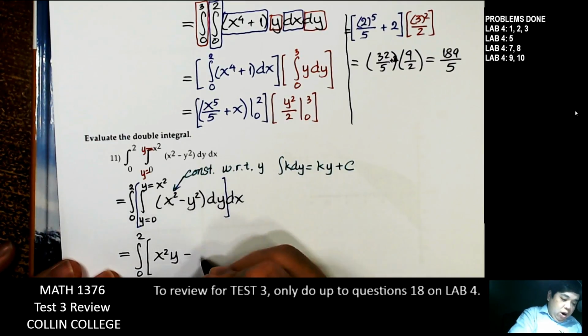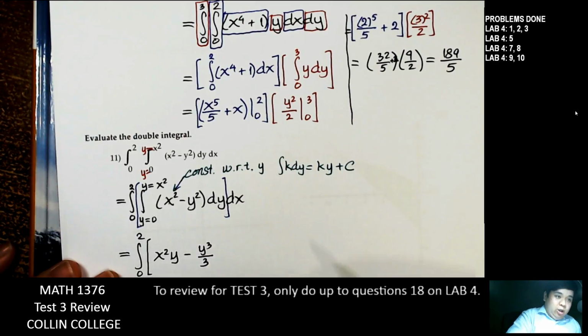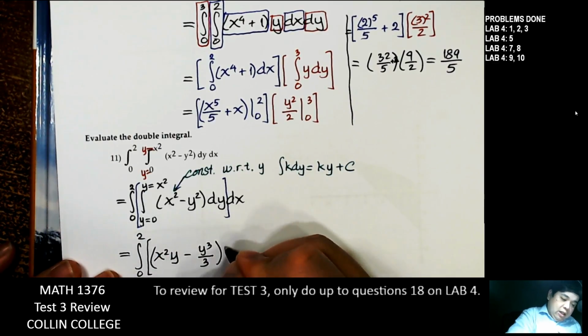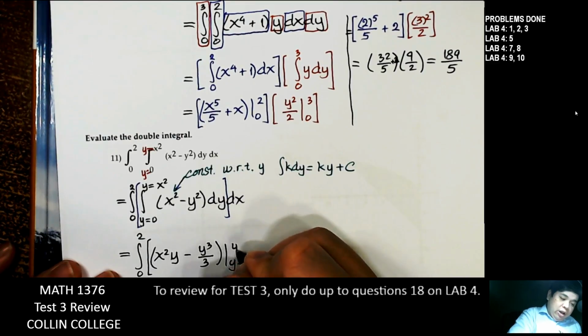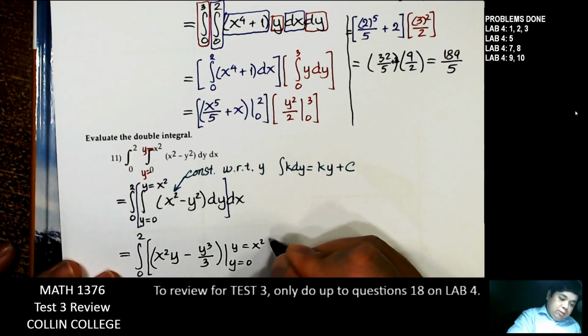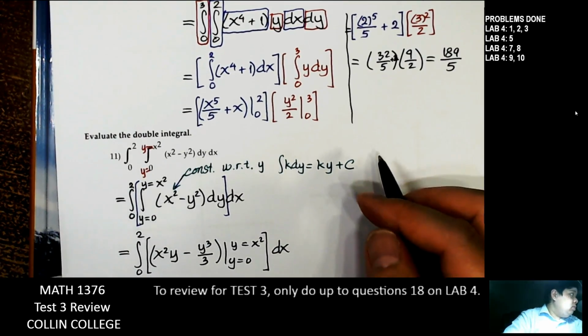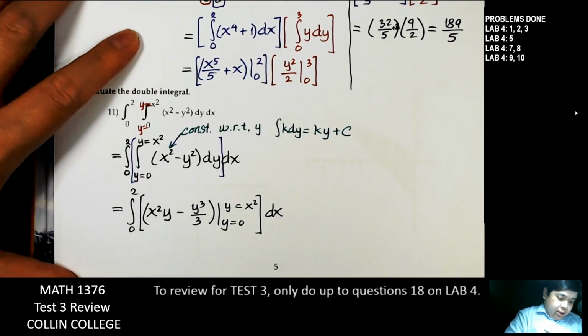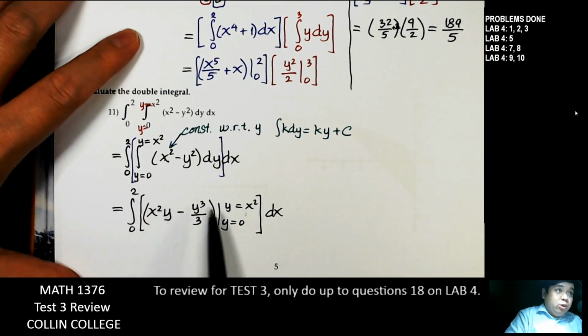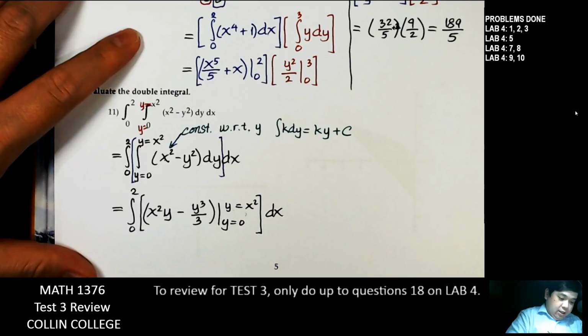Right. Y squared with respect to y, the integral will be y cubed over 3. Now we go from y equal to 0 to y equal to x squared, dx. Now we're going to substitute in for y.